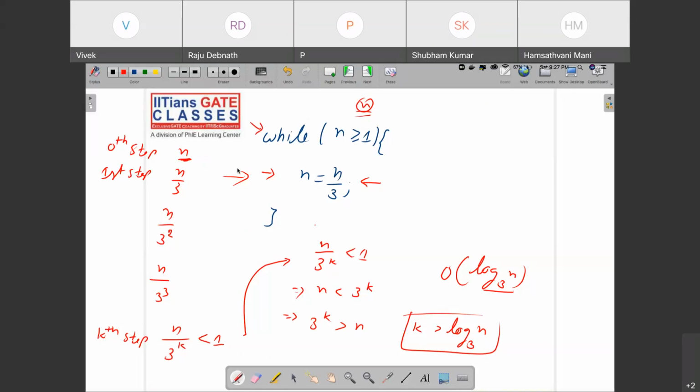After that, we divided the value of n by 3. Then we divided by 3 again, so n will become n upon 3 squared. Now n will become n upon 3 cubed, right?